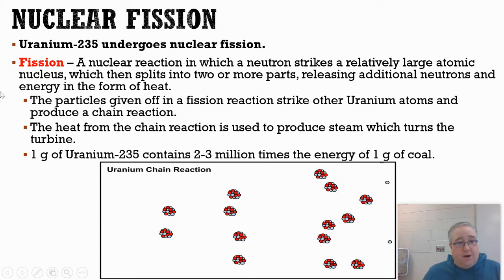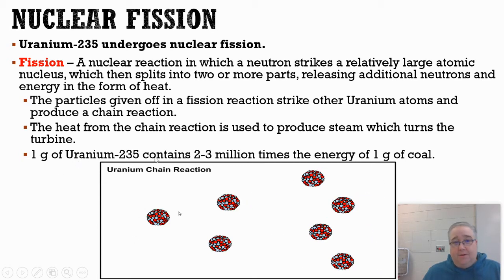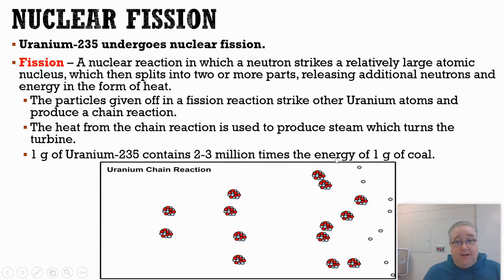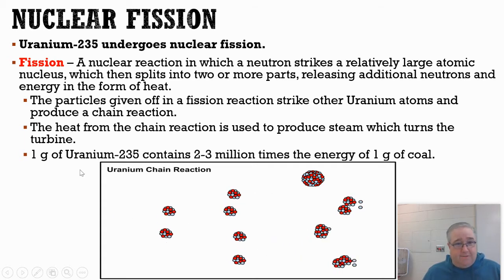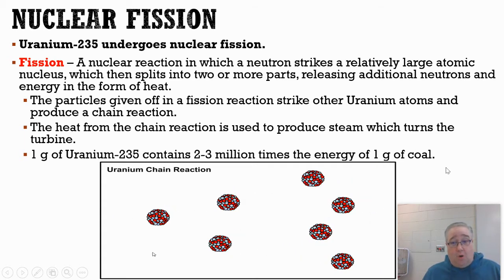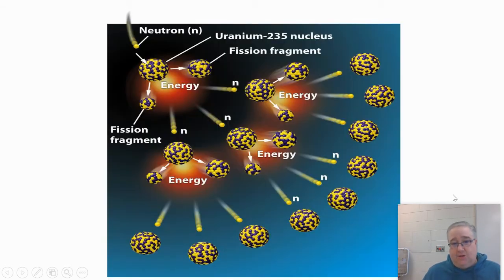Here it says 1 gram of uranium contains 2 to 3 million times the energy of 1 gram of coal. So you can probably see some of the benefits of using uranium compared to coal, because it produces so much more heat and so much more energy. Again, the more this chain reaction is allowed to occur, the more heat and energy it can produce.